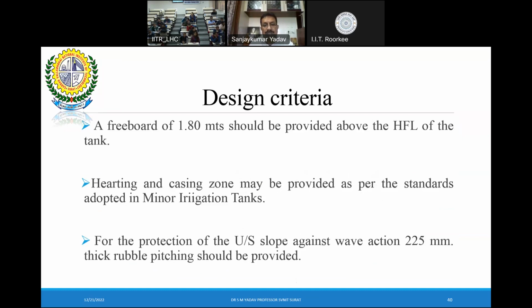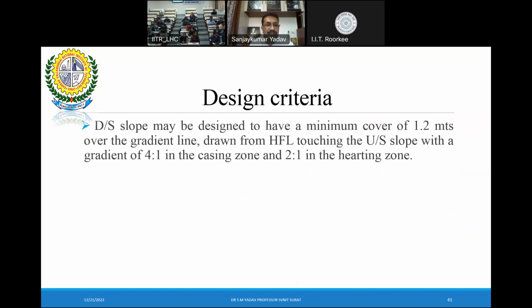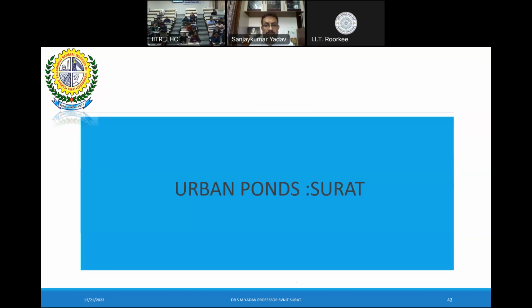For the protection of the upstream slope against wave action, 225 mm thick rubble pitching should be provided. The downstream slope may be designed to have a minimum cover of 1.2 meters over the gradient line drawn from HFL touching the upstream slope, with a gradient of 4:1 in the casing zone and 2:1 in the hearting zone.